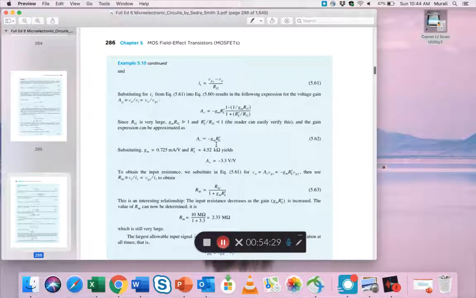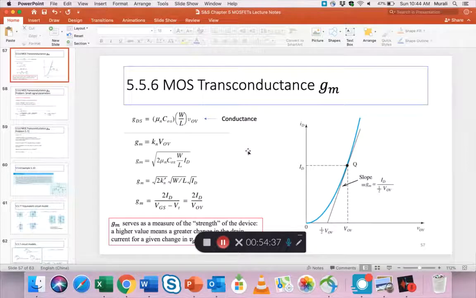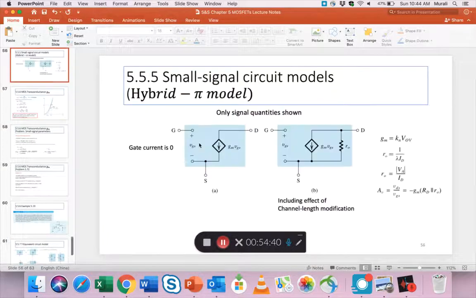Normally we can use AV equals minus GM RO. I think that is the equation, right? Yeah, somewhere here. AV equals minus GM RD, or RD in parallel with RO, right? That is the voltage gain.